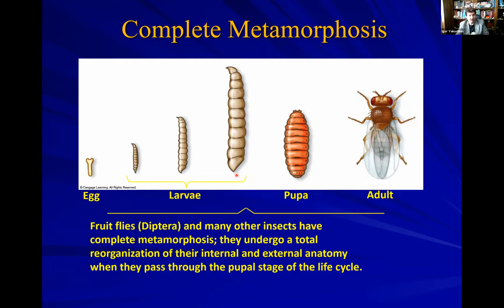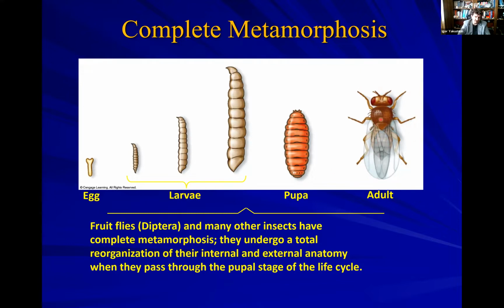The egg hatches, it becomes an ugly caterpillar chomping down on the food. Then it goes into a cocoon, chrysalis, pupa, and literally within the pupa, the larva melts most of its own tissues, reforming the tissues, making structures which haven't been there before, such as wings. And then whenever the adult hatches out, we end up with the adult creature.